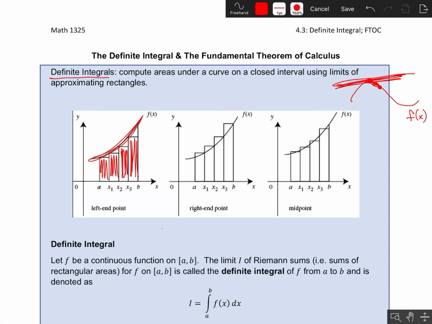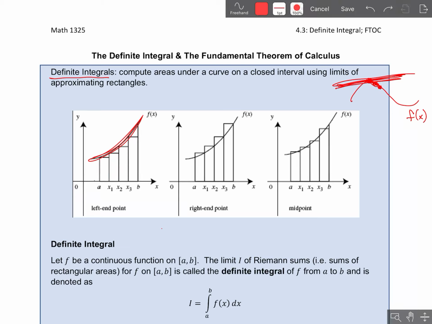Just like whenever I wanted the slope of the tangent line over here, I could take a nearby point and compute that slope. That slope won't be exactly the slope that I want, just like this area isn't exactly the area that I want, but I can take a limit in order to get the one that I actually do want. And I can do the same thing over here with these rectangular areas.